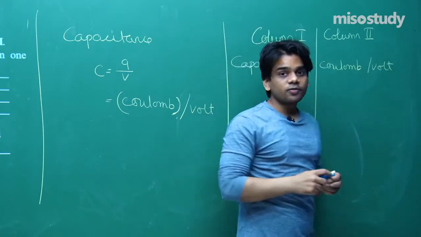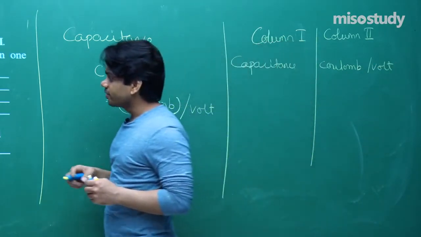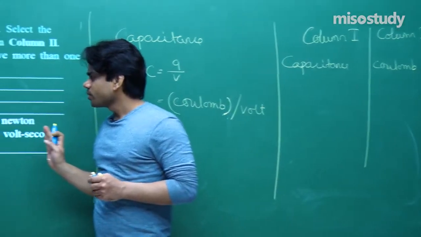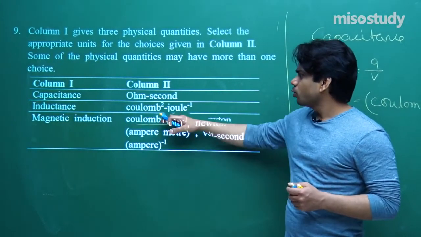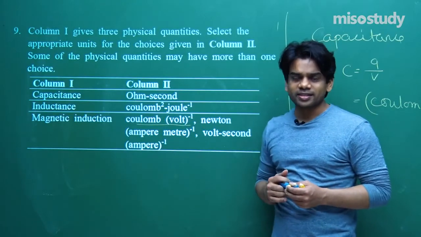Now in terms of charge, next you see ohm second. Ohm is actually the unit of resistance, and second is for time. Here you are having coulomb square per joule, also one unit that is given.